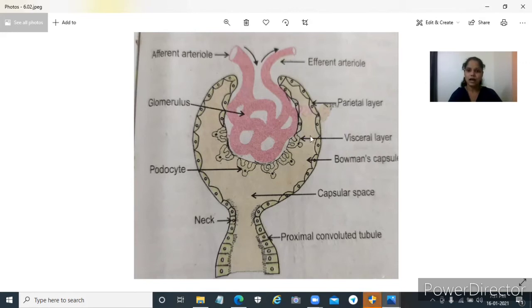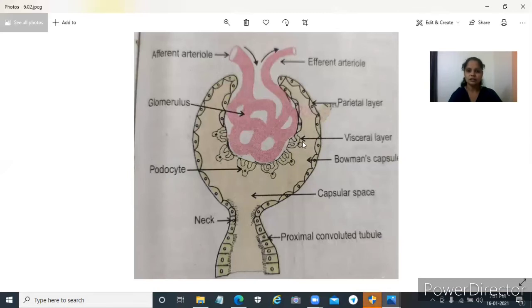Both these walls are made up of squamous epithelial cells, and this is the outer parietal layer. It's a thin one and made up of only simple squamous epithelial cells, while the visceral wall, that is the innermost layer, is made up of a special kind of cells, that's podocytes.